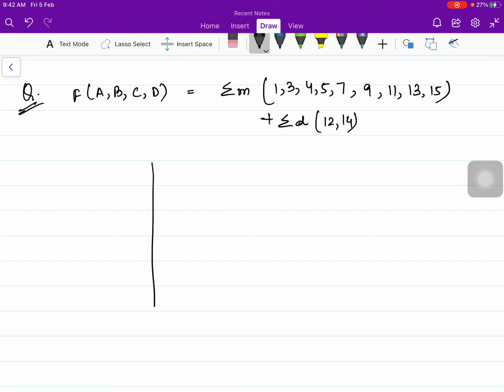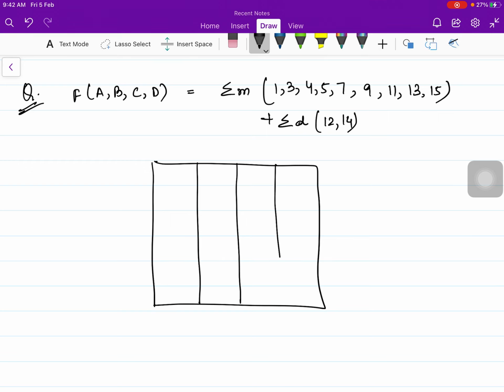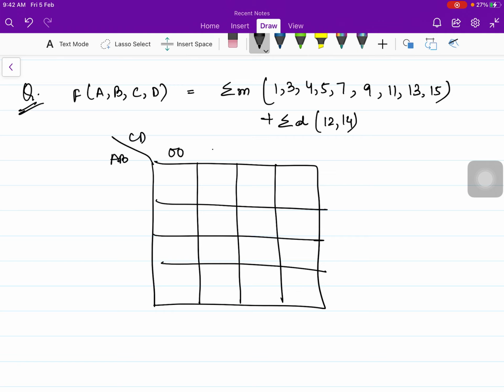So let's draw the structure which will make the concept of don't care more clear. Mark the variables, write the combinations, and then number it.